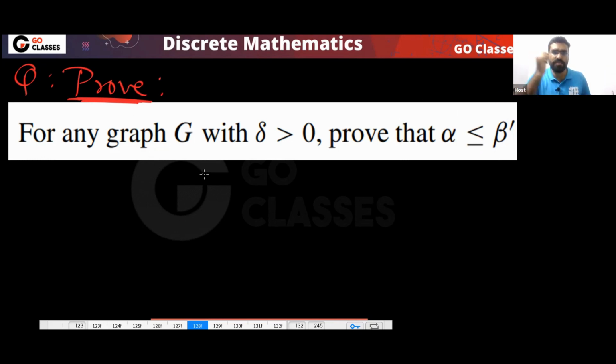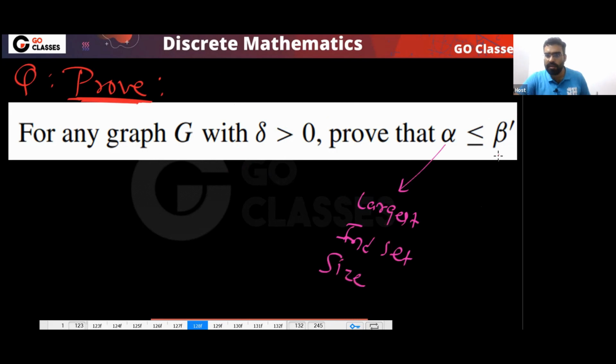For any graph G with delta, the minimum degree, greater than 0. Why this condition? Because remember, this is the independence number, the size of the largest independent set, and this is the minimum edge cover size.